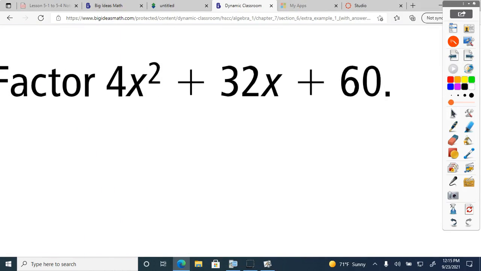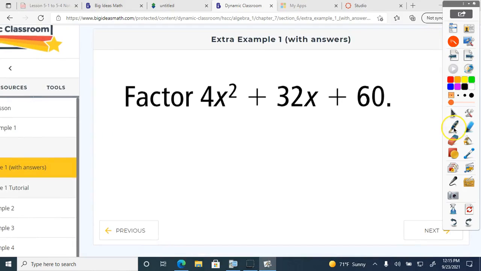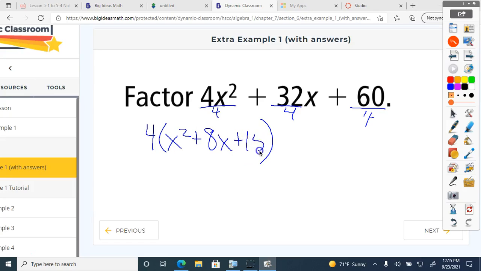Should be similar. What do we get to take out this time? A 4. Okay. When I divide this by 4 and this by 4 and this by 4, what will I be left with? X squared plus 8x plus 15.